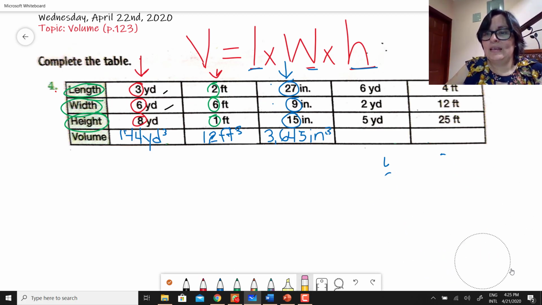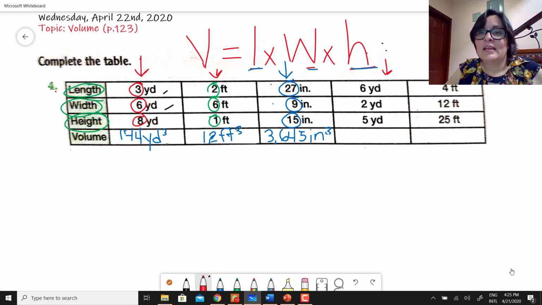Let me erase this. So remember the formula. Volume is length times width times height. And here we have it. Length is 6 times width, that is 2 times height, that is 5. 6 times 2, 12 times 5.